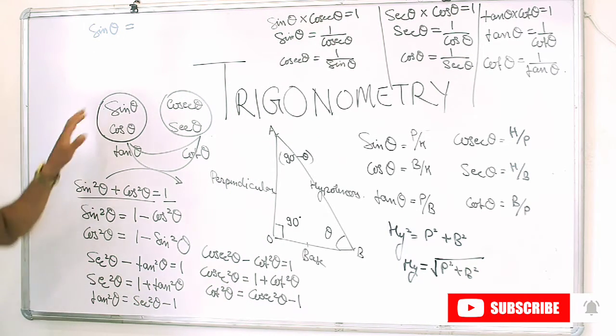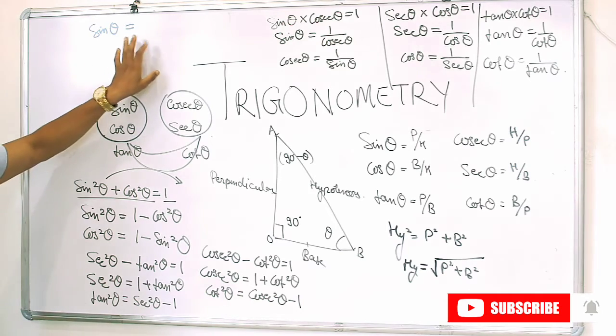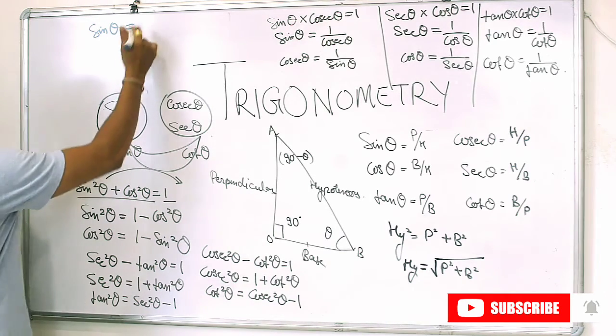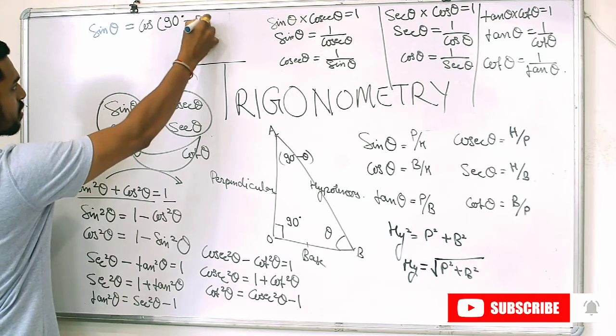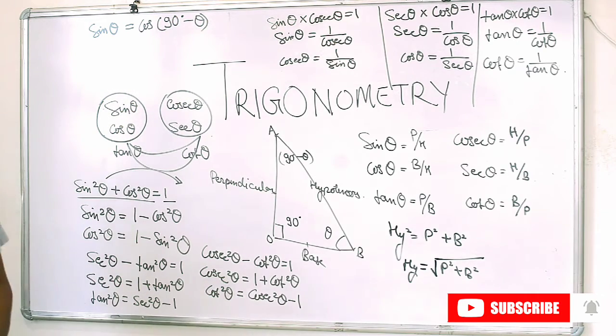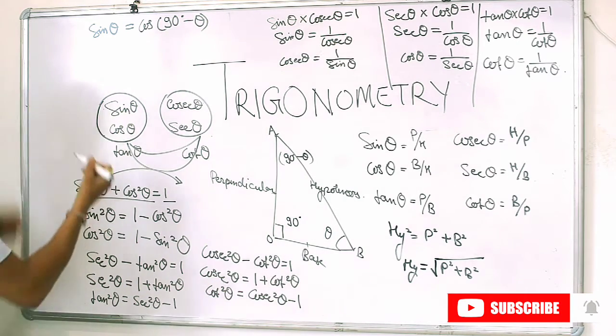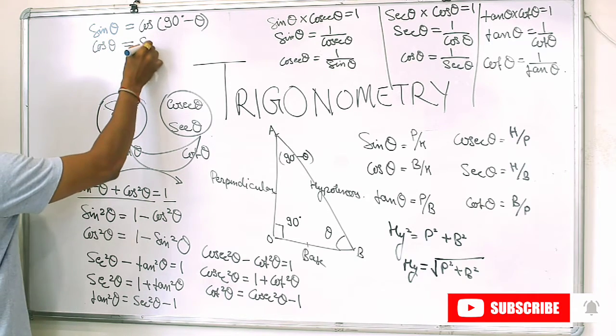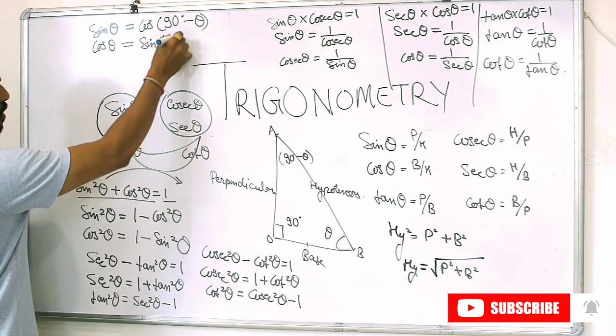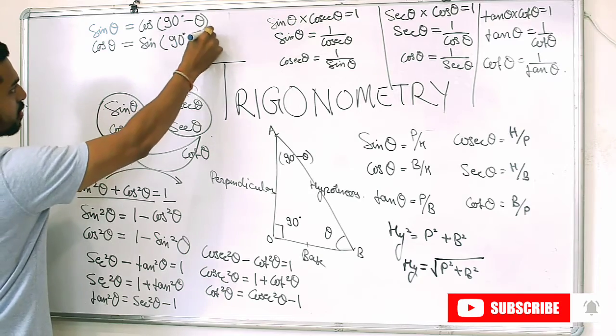Okay. So sin theta is equal to cos of 90 degree minus theta. Done. Same like that, cos theta is equal to sin of 90 degree minus theta.